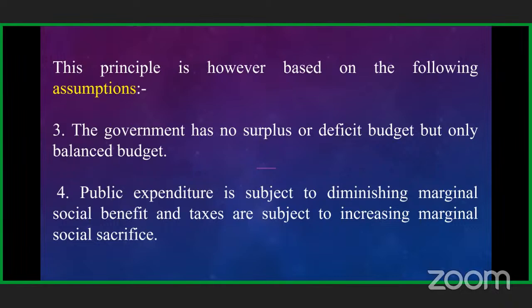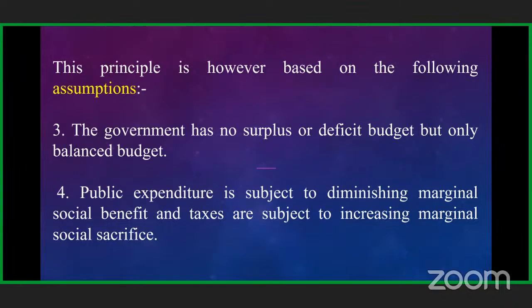And the public expenditure is subject to diminishing marginal social benefit. Taxes are subject to increasing marginal social sacrifice. If the public expenditure increases, marginal social benefit decreases. There is an inverse relationship between these two, so the marginal social benefit curve has a negative slope. And taxes are subject to increasing marginal social sacrifice. If taxes are increasing, marginal social sacrifice also increases.